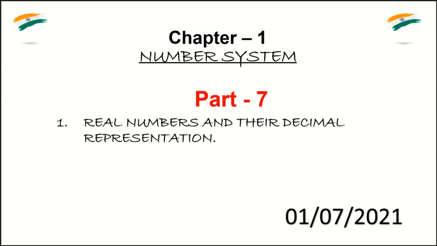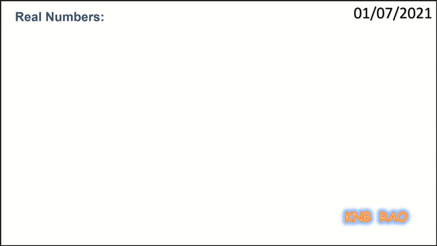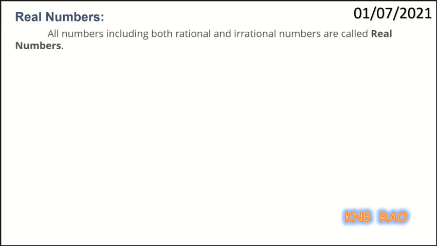Students, this is part 7 of the chapter number system. In this part 7, we will learn real numbers and their decimal representation. As we learnt the meaning of real numbers, all numbers including both rational numbers and irrational numbers put together are called as real numbers.